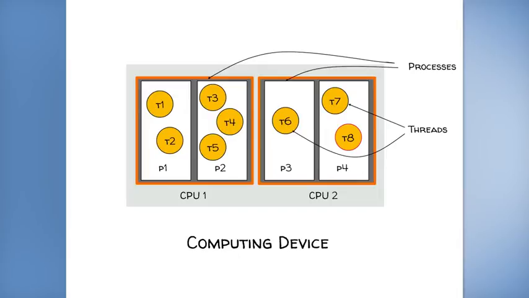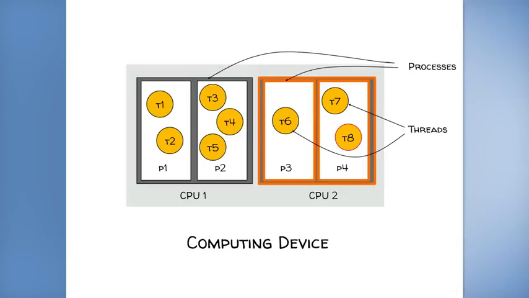On CPU 2, I'm showing two processes running, P3 and P4. One way to think about processes is that they're self-contained execution environments. They have resources such as memory, open files, network connections, and other things that they manage and keep separate from other processes on your device.